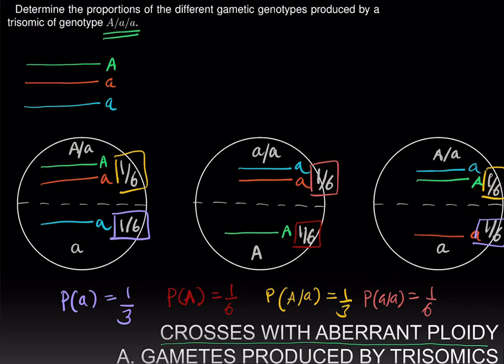Another way to compute these proportions, the gametic proportions, is using a branching tree diagram. So a gamete could either be haploid or diploid, and the probability of either situation is a half.